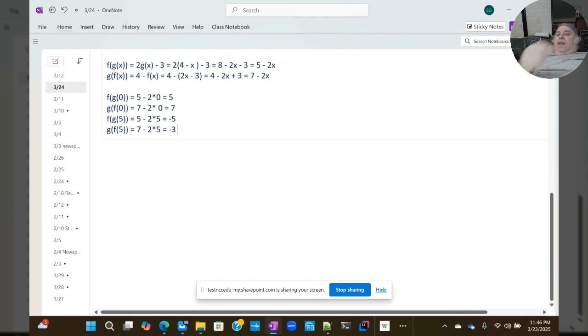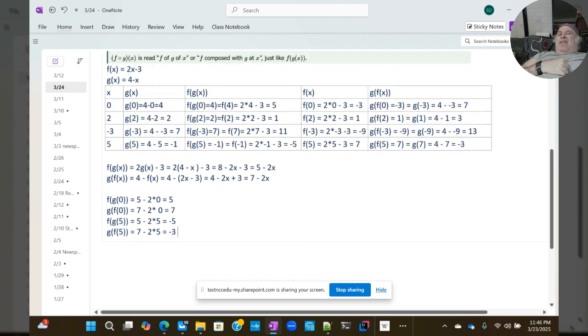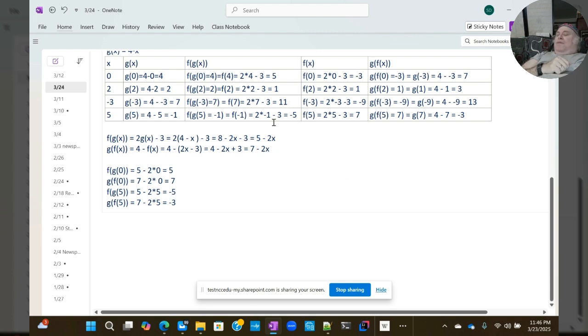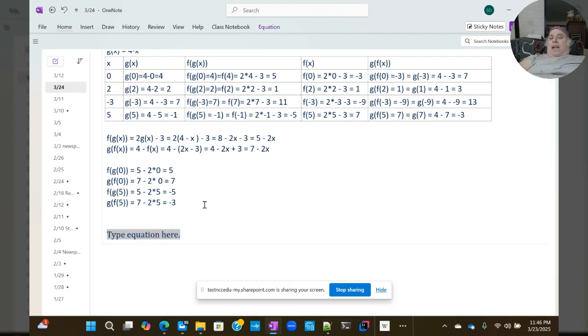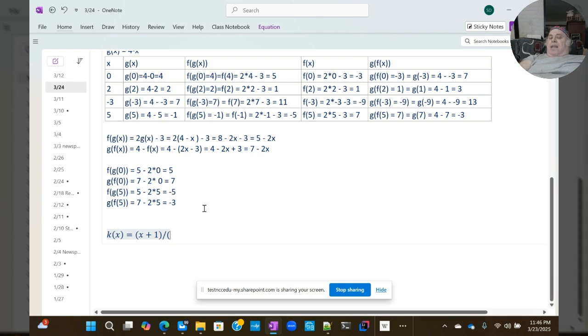So, as you see, this allows you to do the formula without having to pass through the two different formulas for f and g. So that leads us, so let's look at a little more complicated problem now. And we don't have to use f and g all the time, k of x is equal to (x plus 1) divided by (x plus 2).